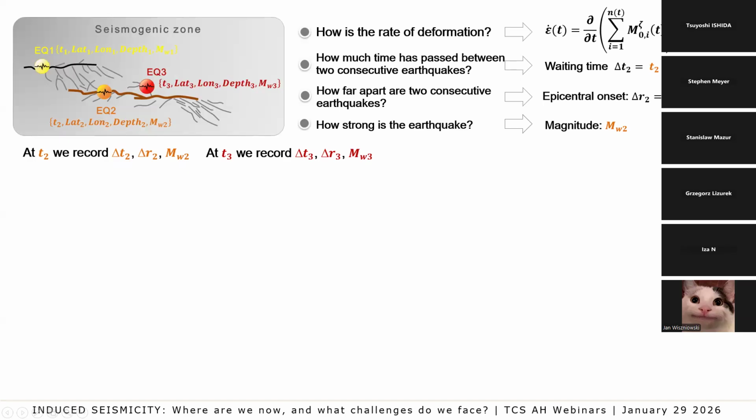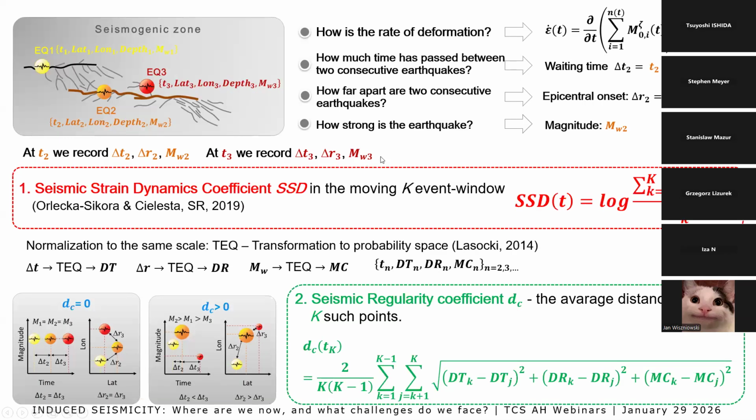At time point 3, we have inter-event time between the third earthquake and second, inter-event distance between the third and second, and magnitude 3, and so on. And from the basic seismic catalog, we have a new point process. And based on this new time series, we define 2 metrics.